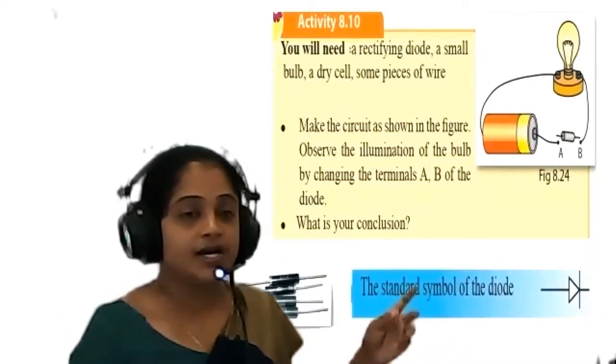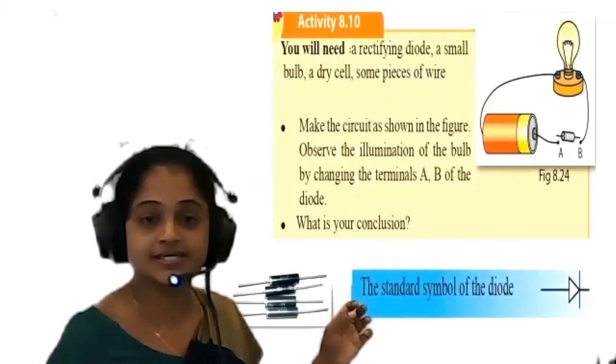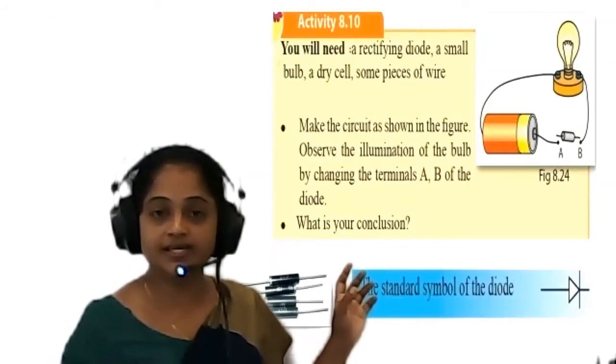Okay, Putala. Now, shall we write down under the electronic appliances? Write down this as a point.